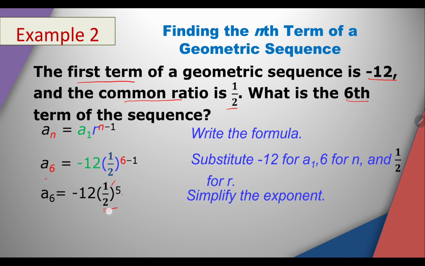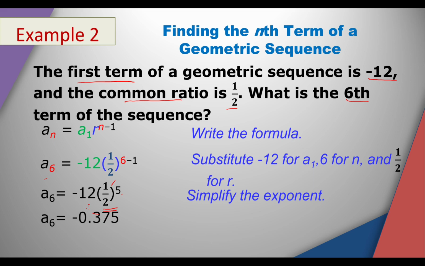And 1/2 raised to 5, you can use your calculator for that, before you multiply that with negative 12. And when you do that, you will be arriving at the answer, which is a sub 6 is equal to negative 375 thousandths. That is making use of the calculator.